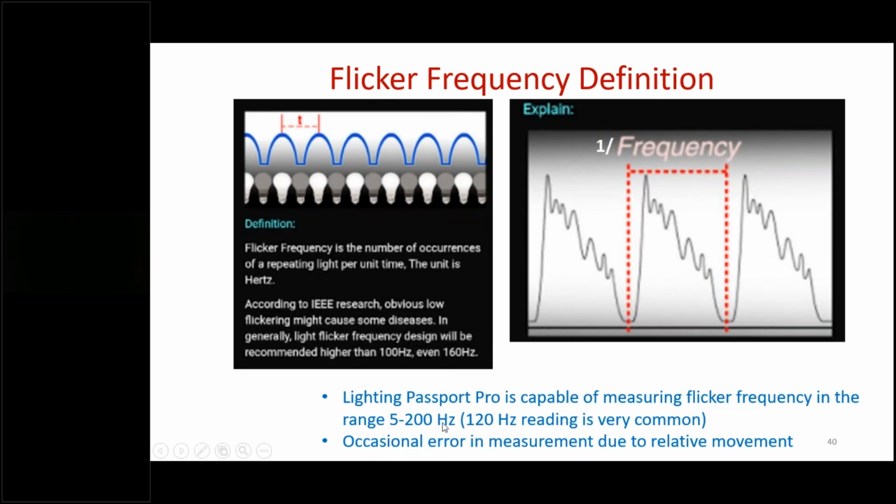That happens when there is a relative movement between the spectrometer and the light source. So make sure that the light source and spectrometer are not moving with respect to each other when you're doing the flicker measurement, because getting a 1 or 2 hertz flicker measurement is incorrect. You need to repeat the measurements. So this was a quick note about flicker that I added here.